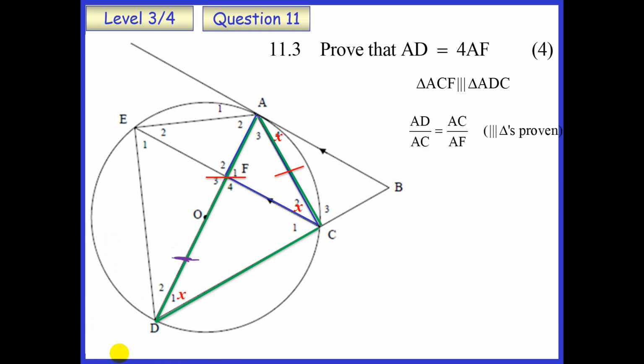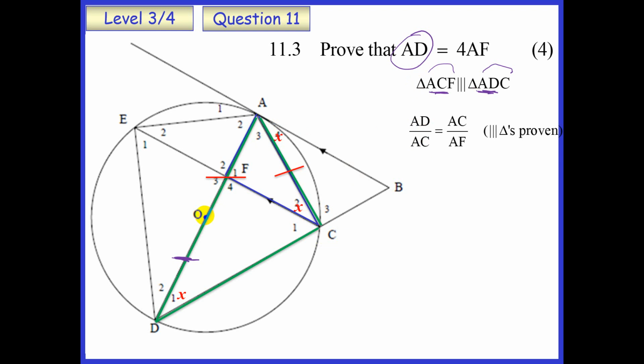So from the above, if we look at AD over AC, I took the first two here, and I'm starting with AD because that's the question. AD over AC would be equal to, taking the last two, AC over AF. The reason I'm using that is because I know I can make a conclusion with some of these sides. You'll notice I'm using AC because AC is equal to AO.